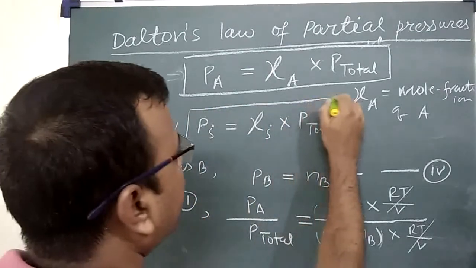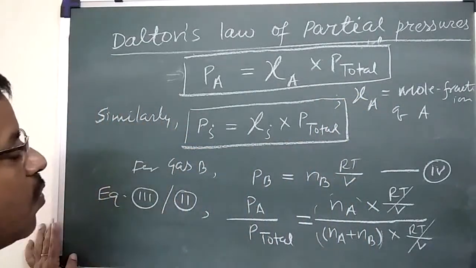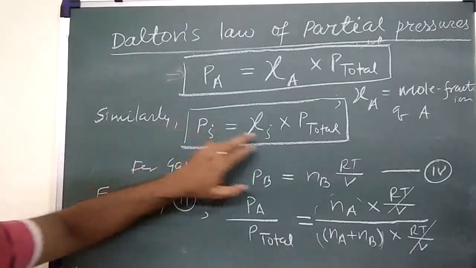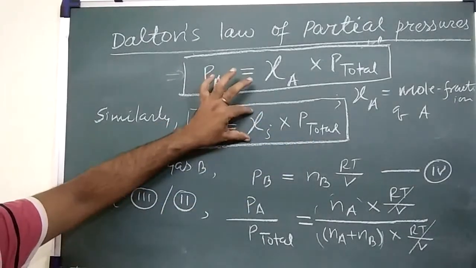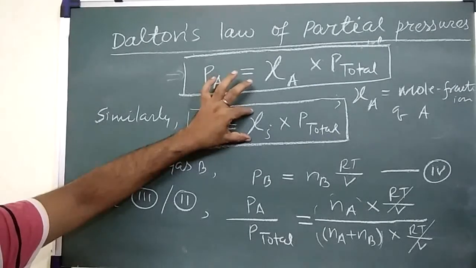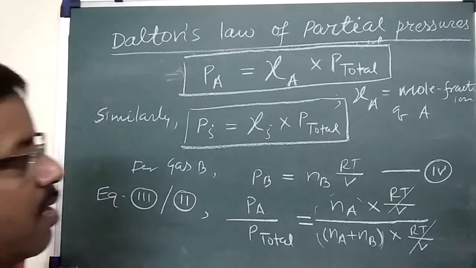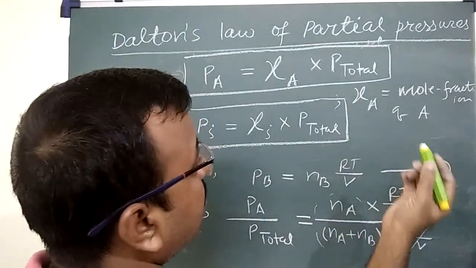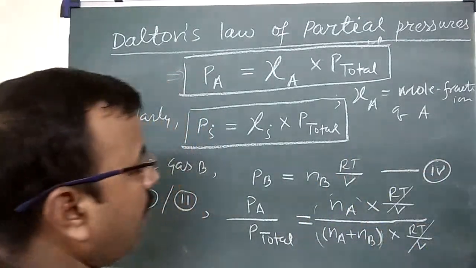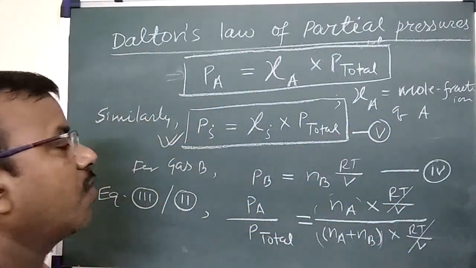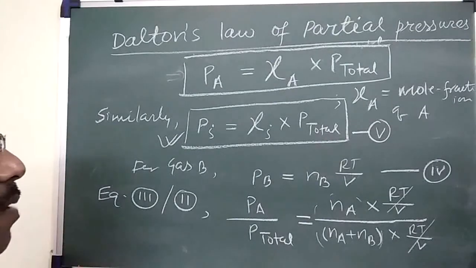In this way we can correlate the partial pressure and total pressure with the mole fraction. This is equation 5. This equation will be used while solving numericals based on Dalton's law of partial pressure.